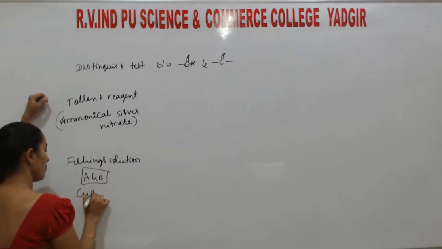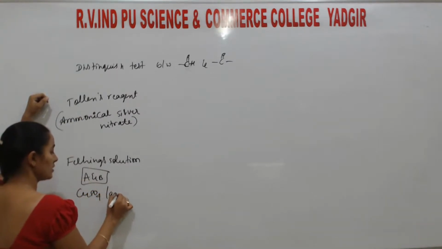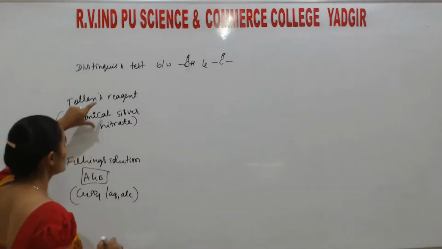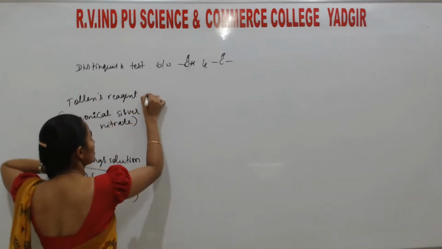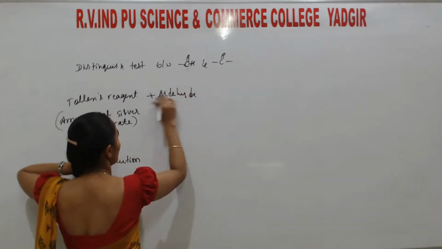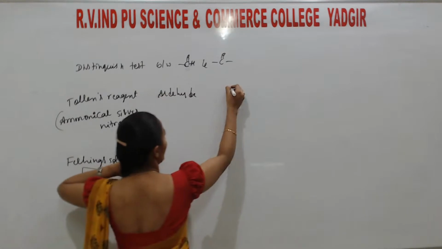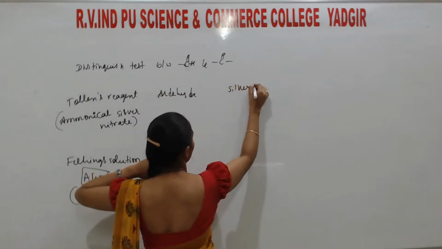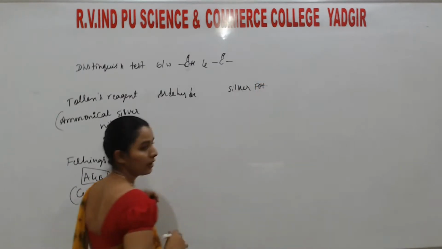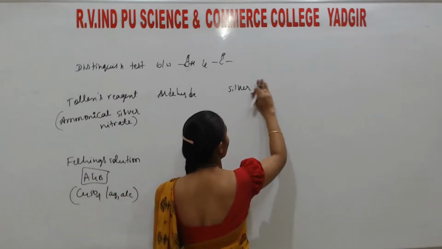And this is copper sulfate solution, that is Fehling's solution. So students, if Tollens reagent is added and aldehyde is there, then they form silver precipitate, or they form a silver mirror.